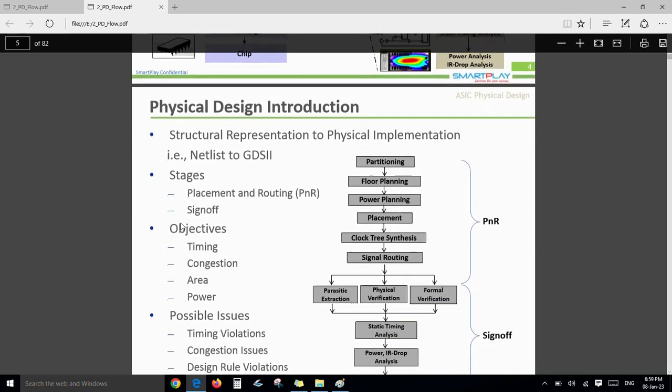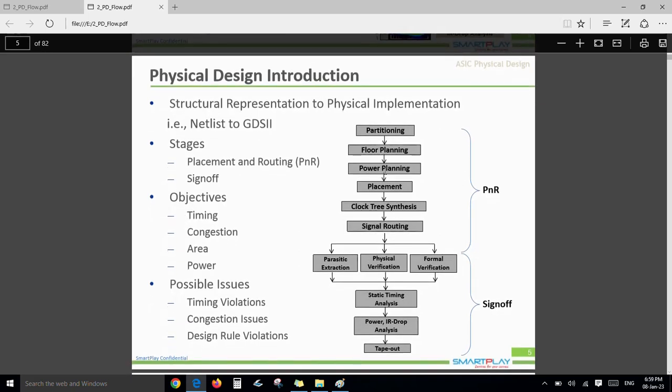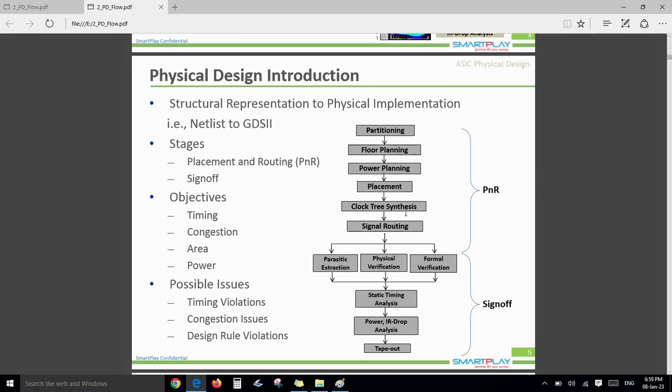So, physical design introduction. In the introduction, we say the initial stage is PNR and the bottom stage is sign off. In sign off we get parasitic extraction, physical verification, formal verification, HTA, power, IR drop, tape out.